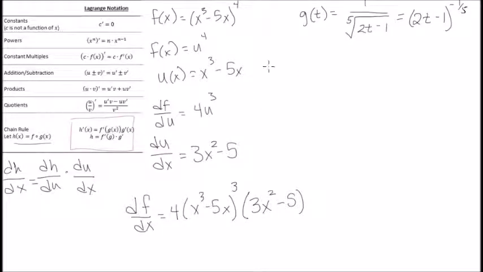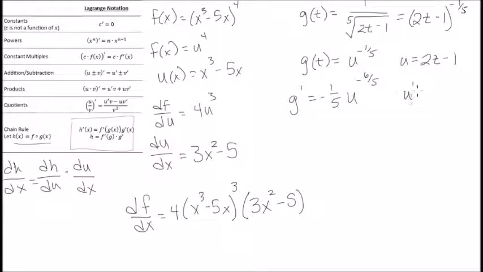So I can write g of t as u to the negative 1/5, where u is equal to 2t minus 1. I get that g prime is equal to negative 1/5 u to the negative 6/5. And I get that u prime is equal to 2.